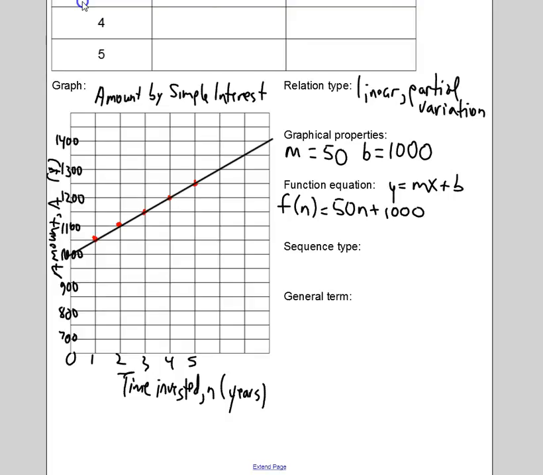In that function, the value for 1 year would be 50 times 1 plus 1,000. So this generates our sequence. The sequence type in this case, because it's growing by addition, is an arithmetic sequence. And we recall that arithmetic sequences correspond to linear functions.